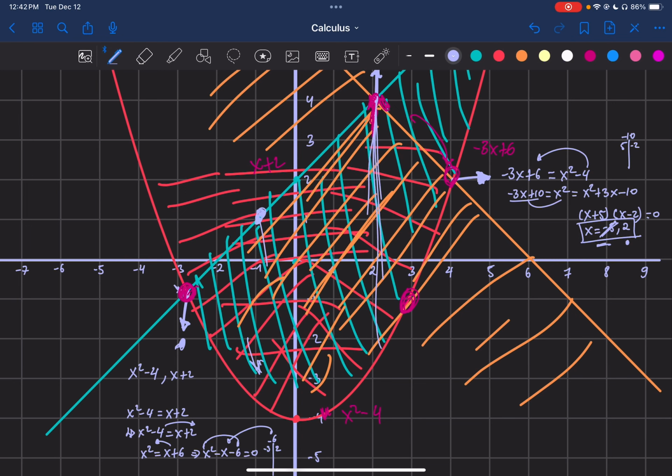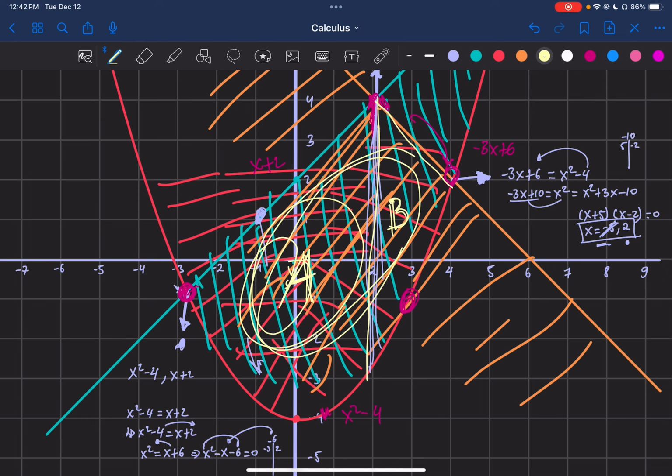With the first integral I'm finding this area, which I'm going to call A. And with the other part, I'm going to find area B. So when I add area A and area B, I will get the whole area that was always being asked to find, which is D.